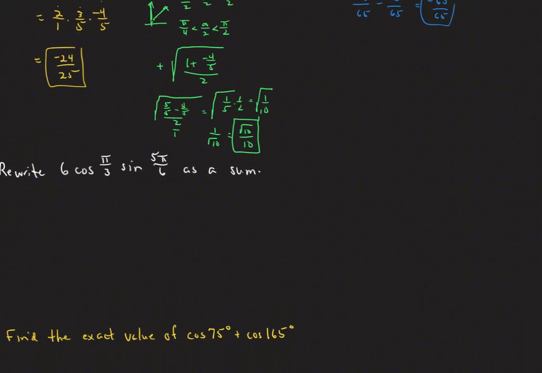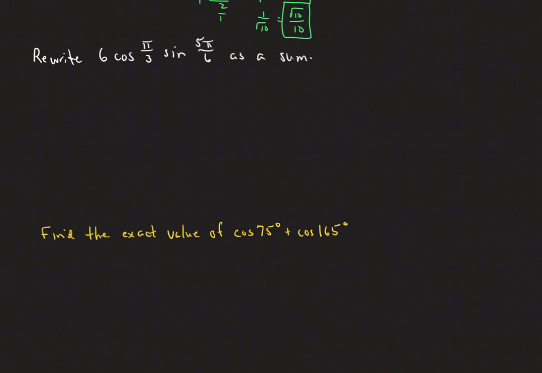Okay, now we're going to rewrite a product as a sum. So we're looking for the product to sum formula options. Product to sum for a cosine times a sine looks like that bottom one. So this 6 is just going to hang out.